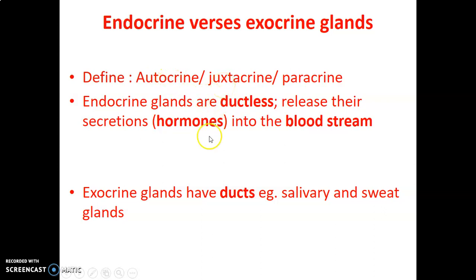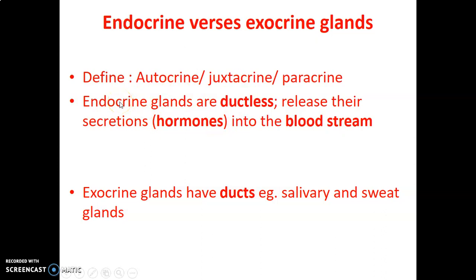If the hormone produced by the cell goes to bind on receptor on the next cell, that's juxtacrine effect. And to the neighboring cells, that's paracrine. Now, if this cell produces the hormone, the chemical substance, releases it into the bloodstream to travel to a distant organ and cause an effect in that distant organ, that's what we call endocrine.